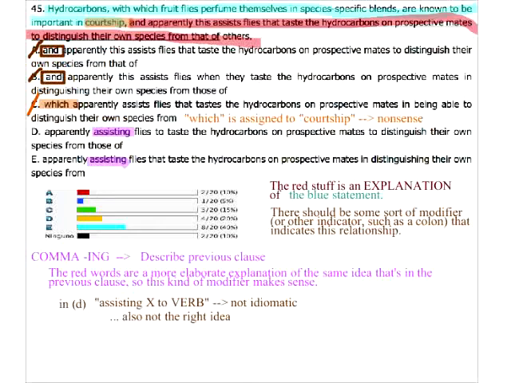There's also "those," which doesn't stand for anything here, and that's the problem, because it is from other species. So "others" already means other species. So let's write that out: distinguishing their own species from other species.